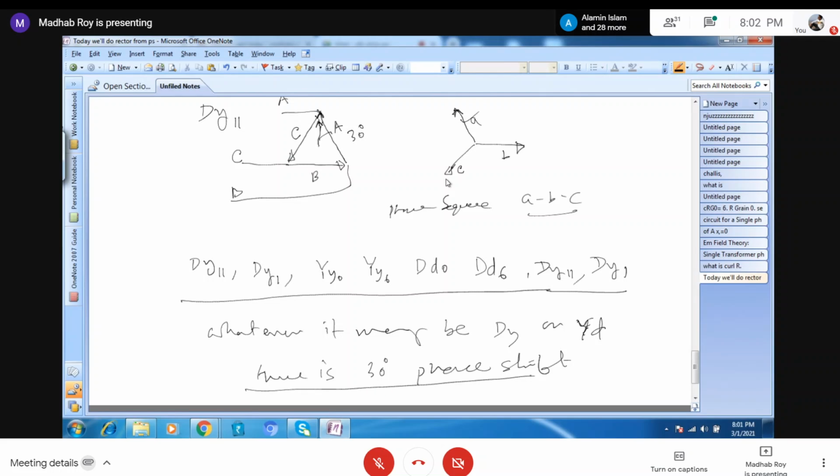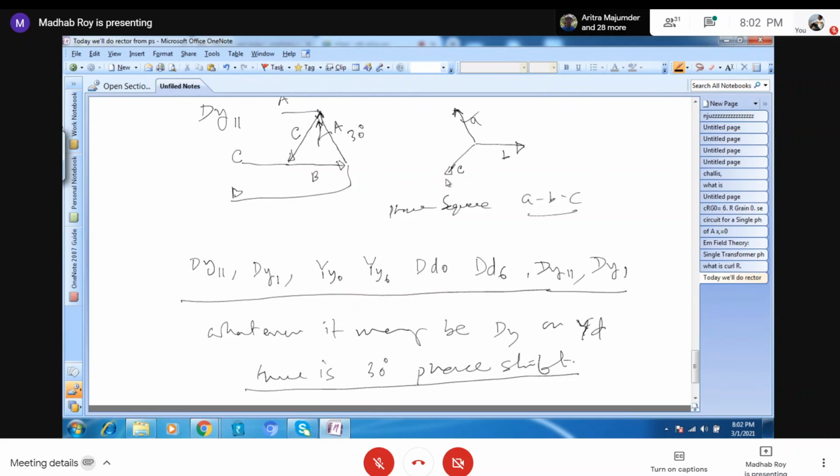That's the main problem with the connections. Sometimes this phase shift goes repeatedly in different places, so that complicates the issue.